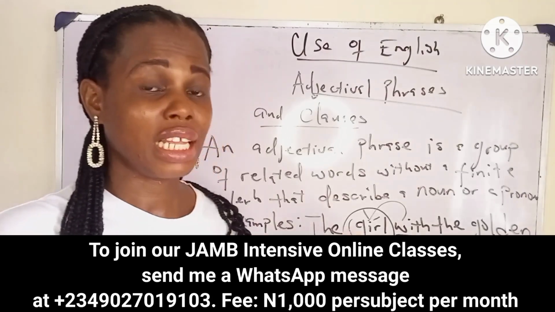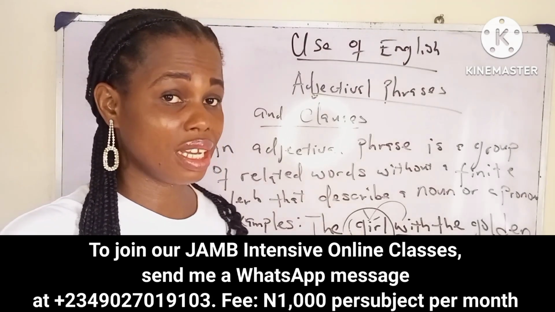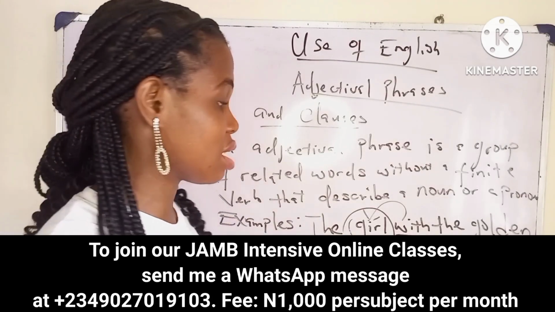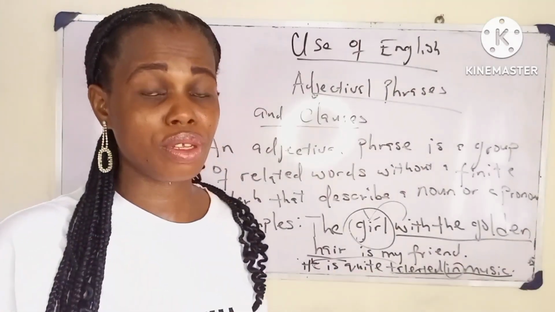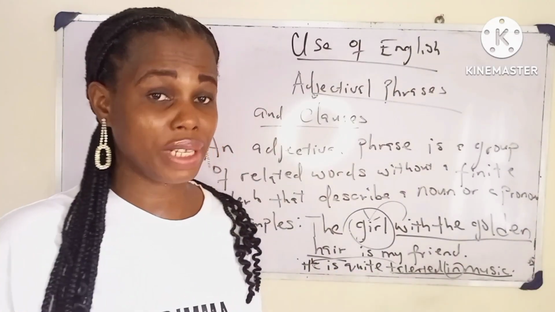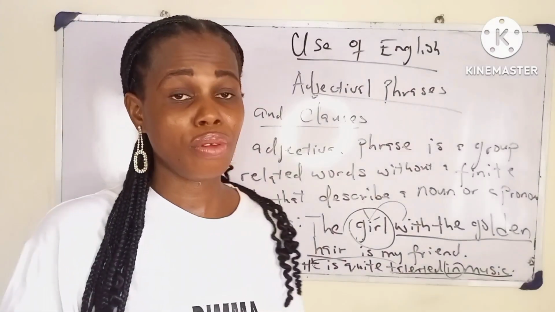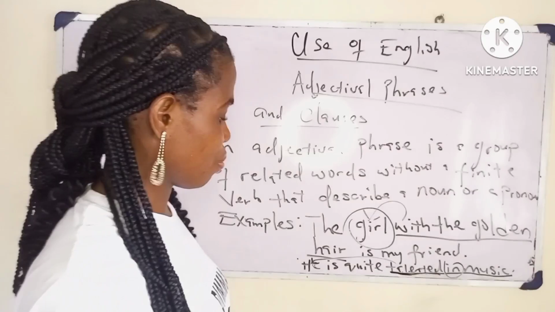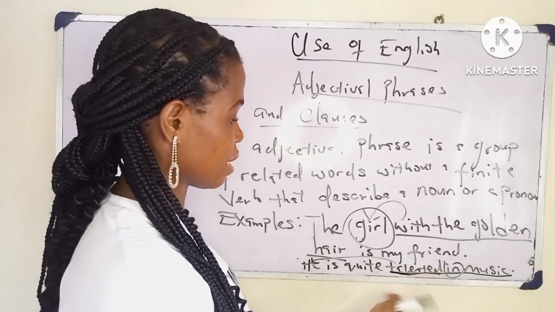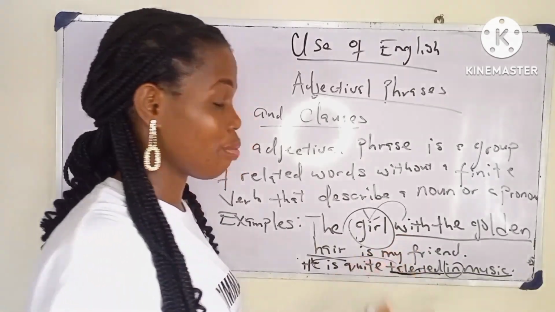The first word that you always see in adjectival phrases are words that are prepositions, or words that are participles. By participles, I mean words in the present participle or past participle. For example, talented is a past participle, with is a preposition.